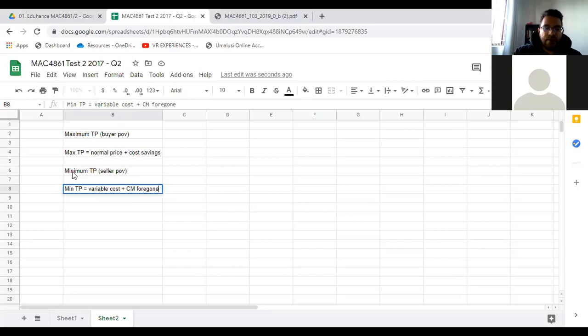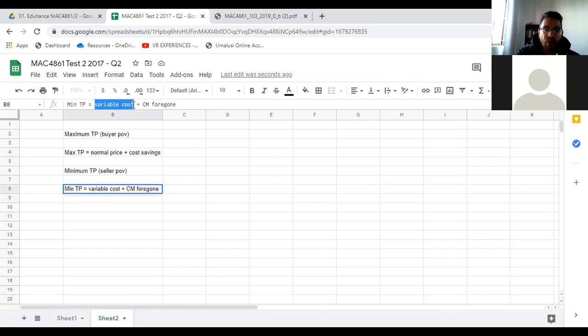Now, this variable cost is the important aspect here. So you always write down the formula like this: variable cost plus contribution margin foregone. Now let's talk about this variable cost. That variable cost is all variable costs incurred to sell to the internal company.